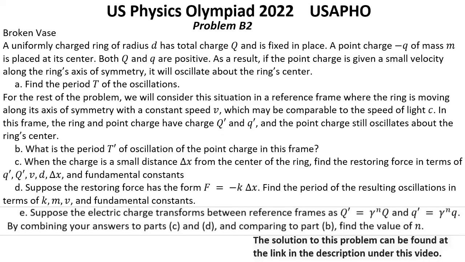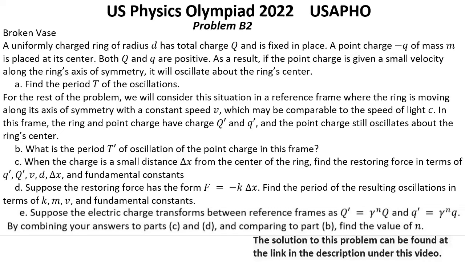US Physics Olympiad, year 2022, USAPhO. Final round. Problem B2. Broken vase. A uniformly charged ring of radius d has total charge Q and is fixed in place.